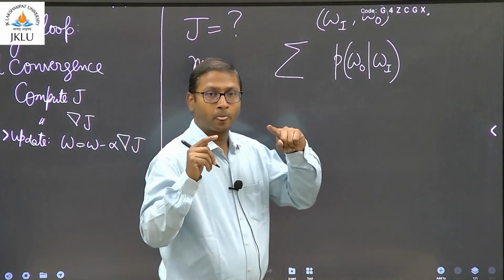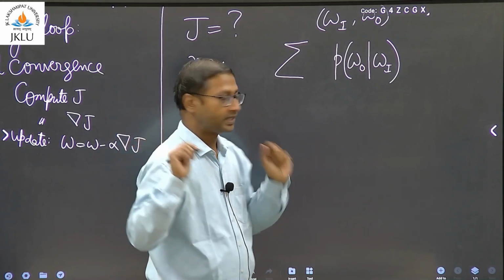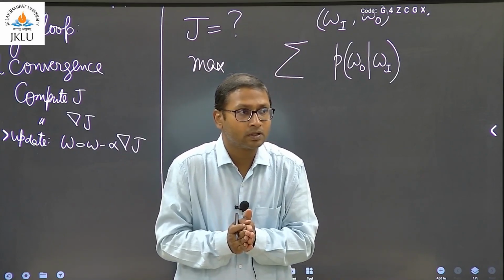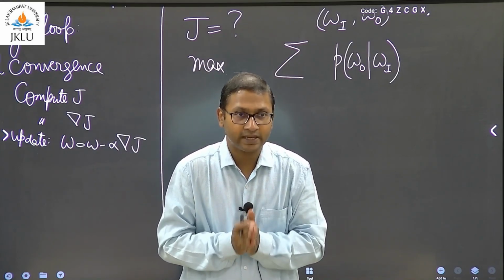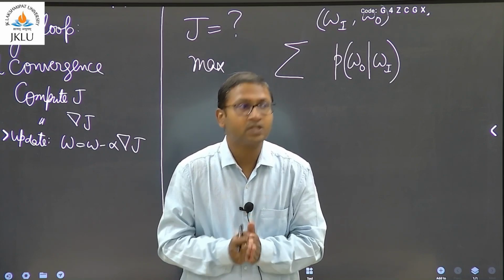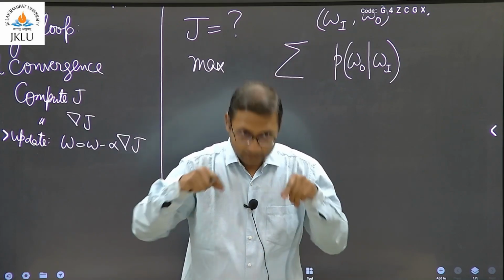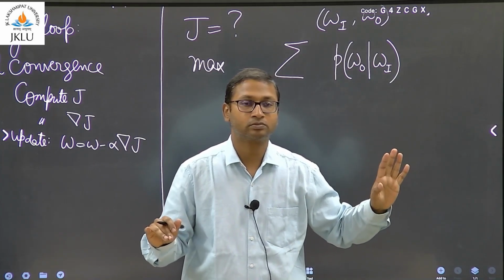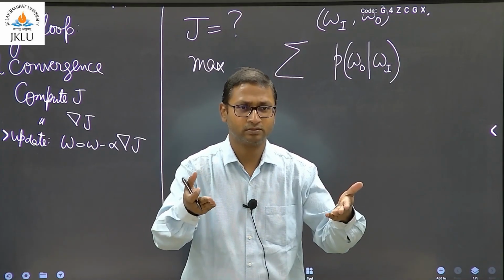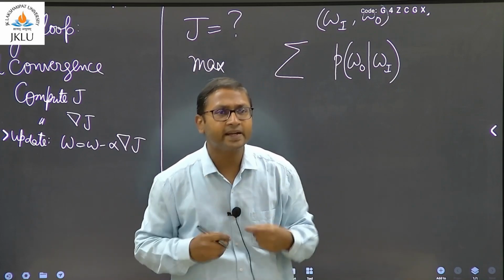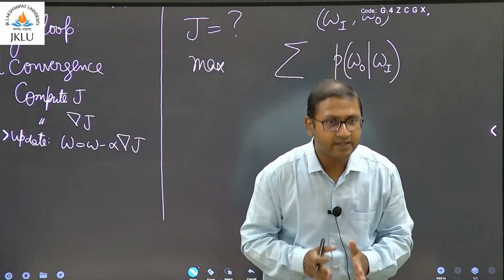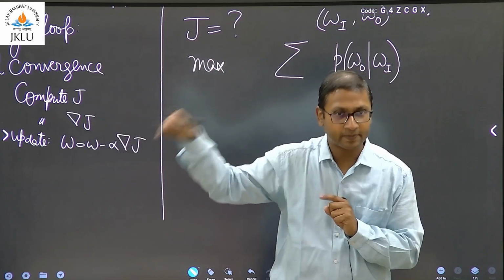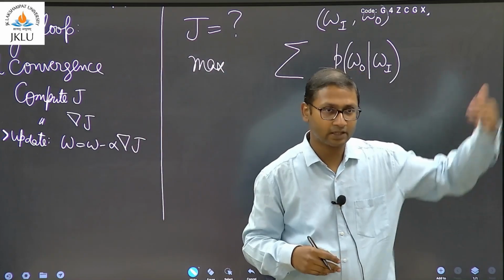So if C is your window size, then the first summation will be from, so if I am the center word, then C minus 2, C minus 1, myself, no, C plus 1, C plus 2. C is 2. If my index is J, then I am talking about J minus C, J minus C plus 1, myself, and then keep on doing this.